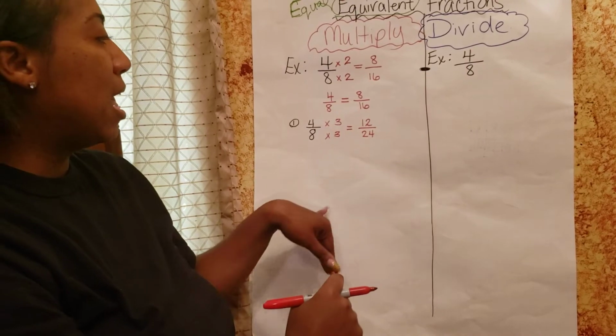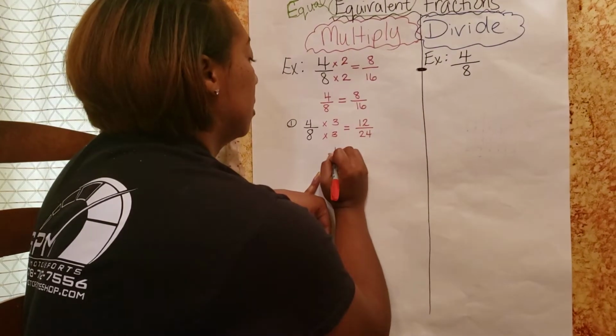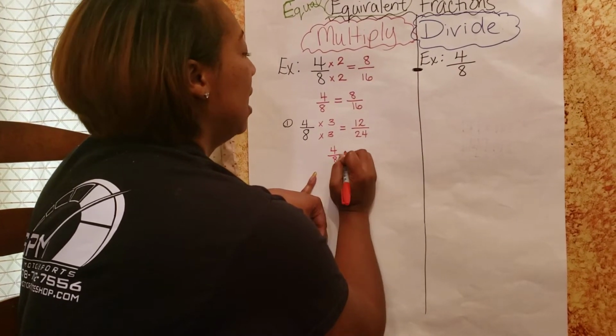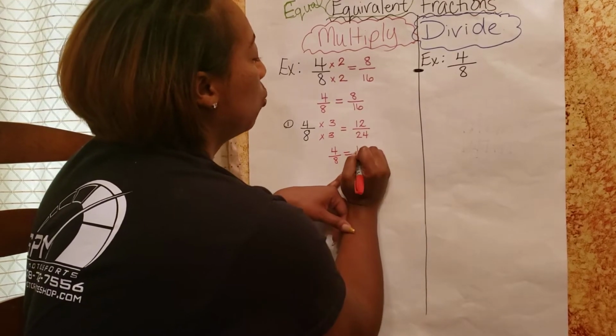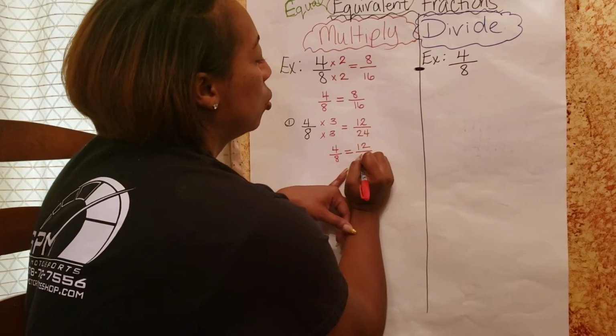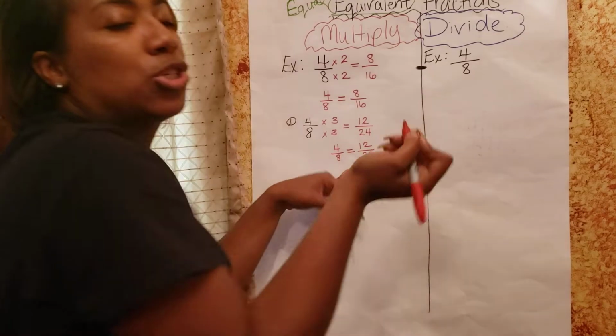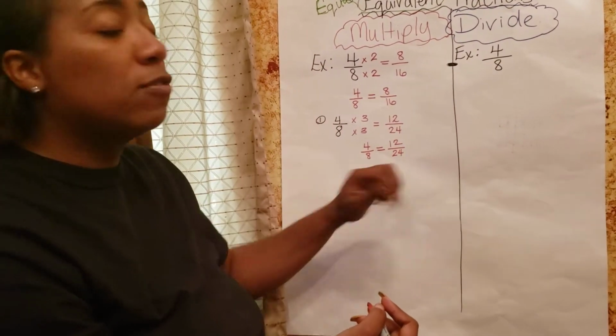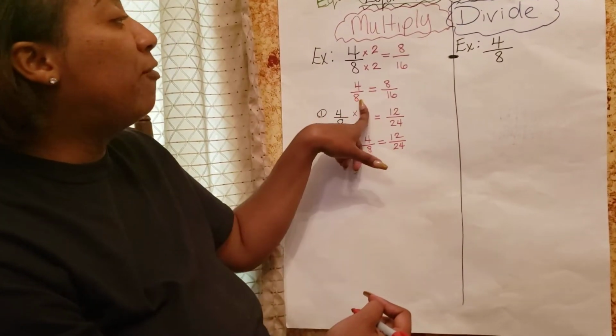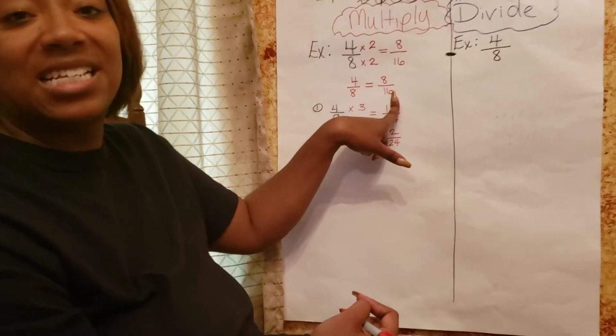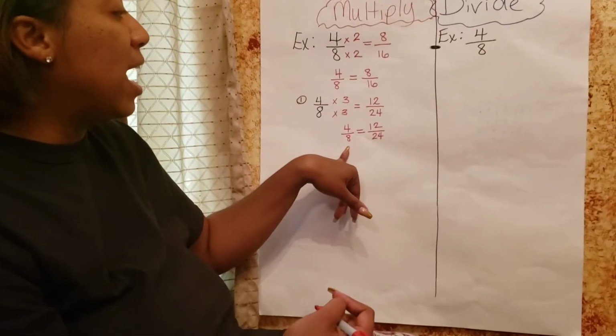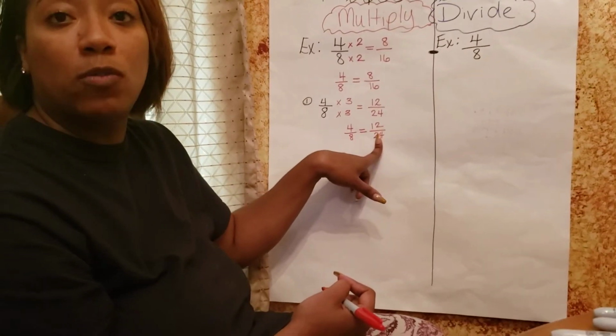So now I have 4/8 is equal to 12/24. So now I have 4/8 is equal to 8/16 and 4/8 is equal to 12/24.